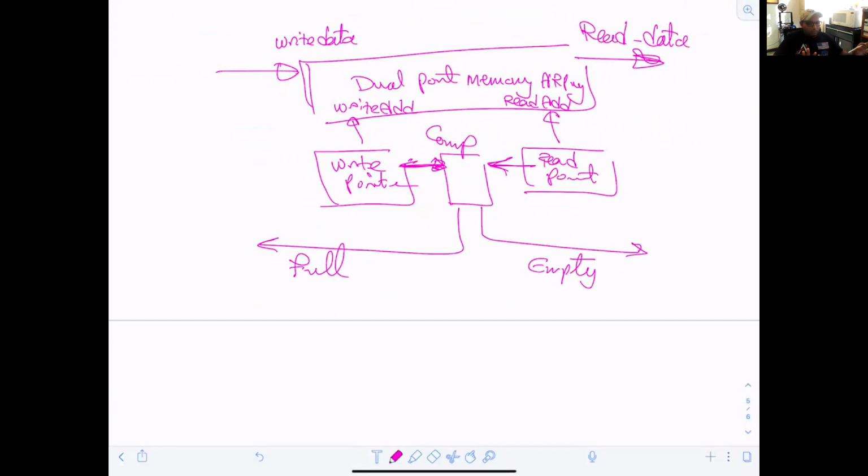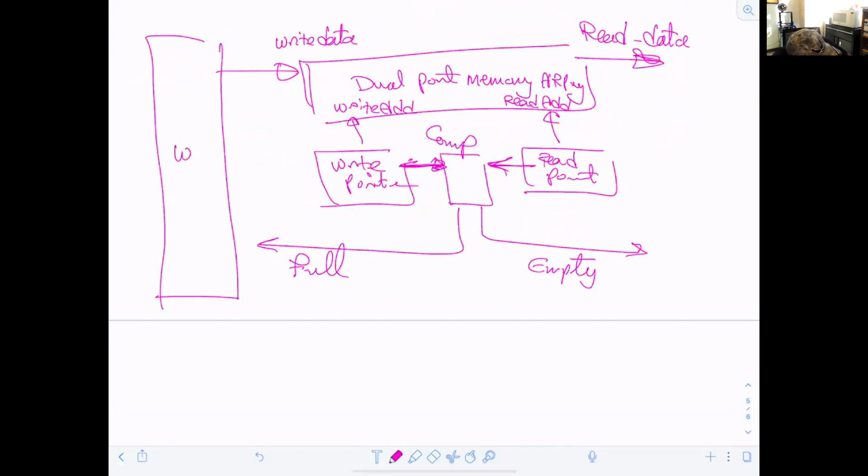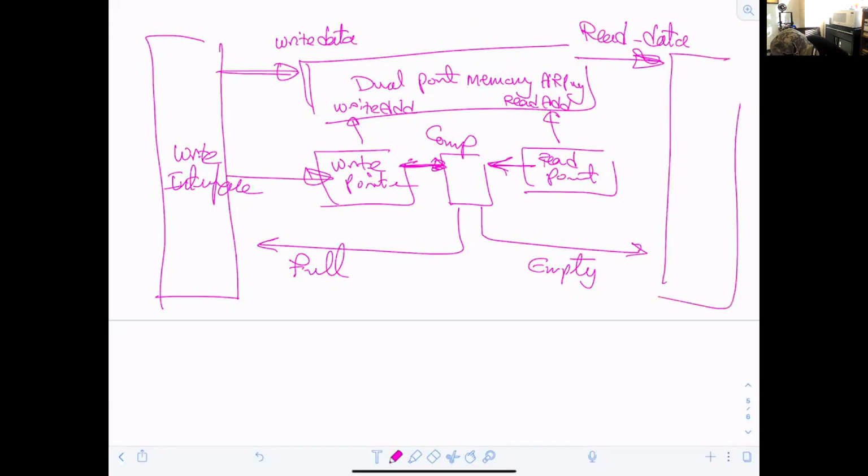That's it? Nope. We will need a kind of interface like this, and we call this the write interface. This write interface is taking data and also pushing some order to the write pointer. And from this side we need another interface, and we call it the read interface.